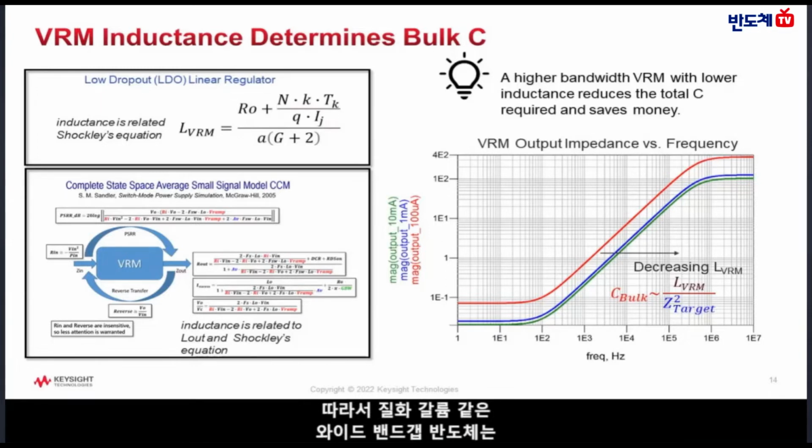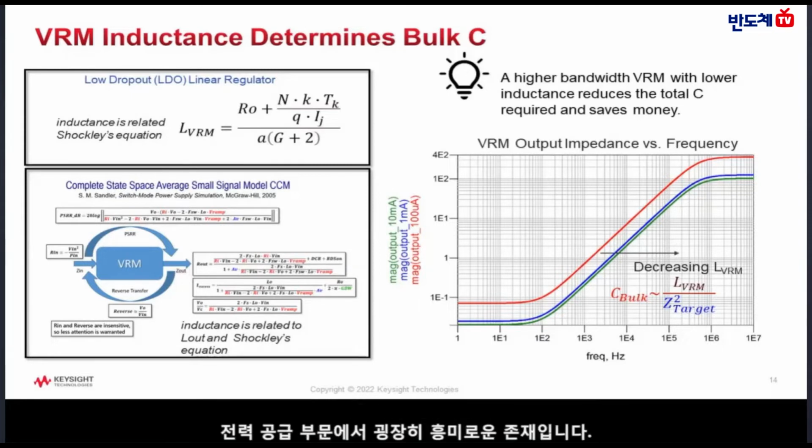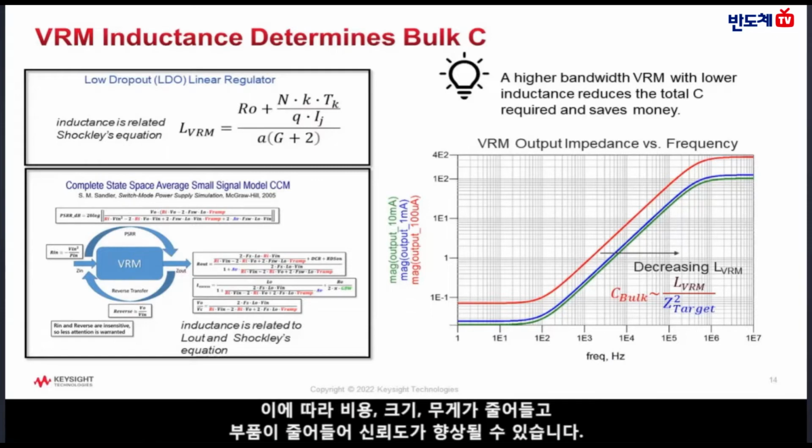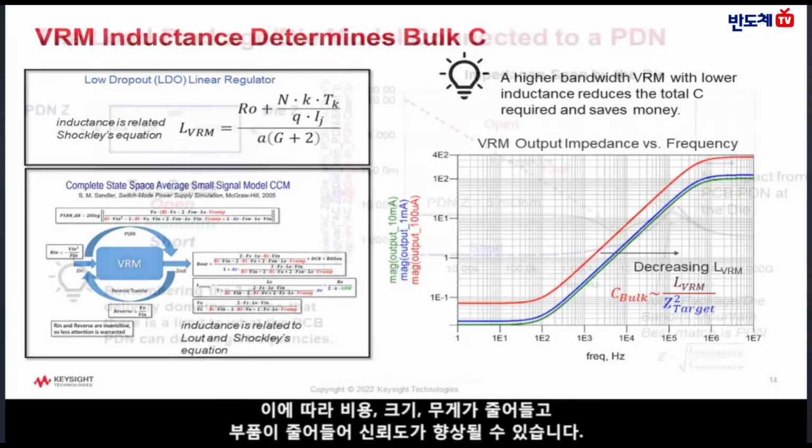This is one of the reasons why wide bandgap semiconductors like gallium nitride are so exciting for power delivery. The higher bandwidth, higher switching frequency of a GaN regulator greatly reduces the size of the bulk decoupling capacitors, which reduces cost, size, weight, and potentially, with fewer parts, can increase reliability.